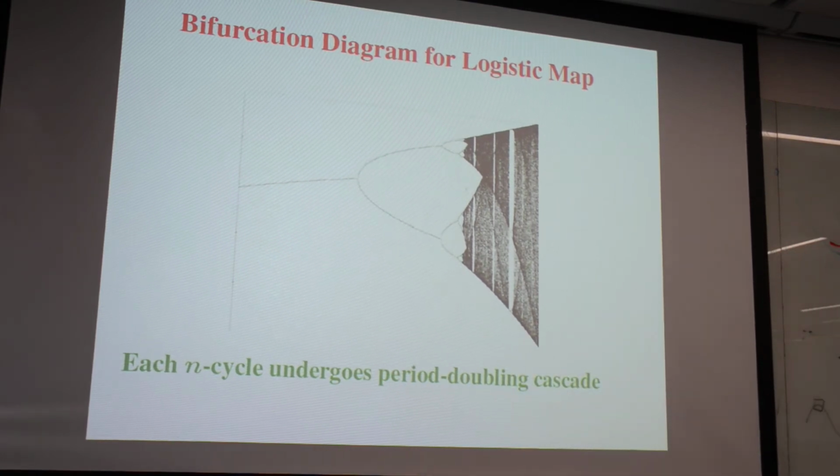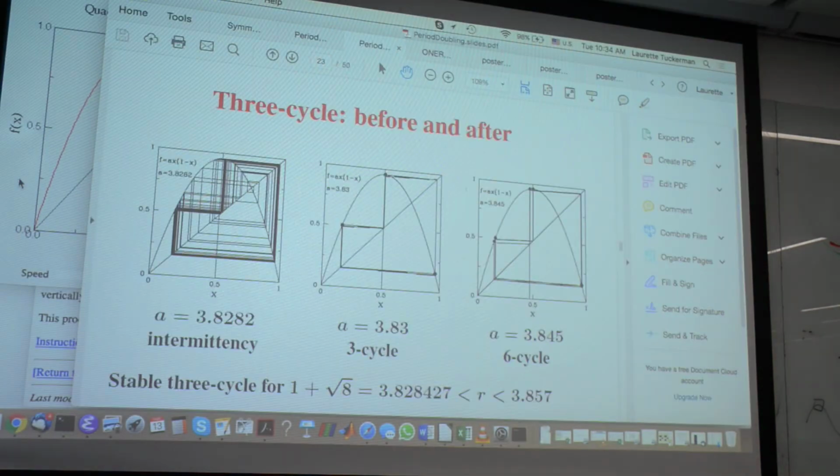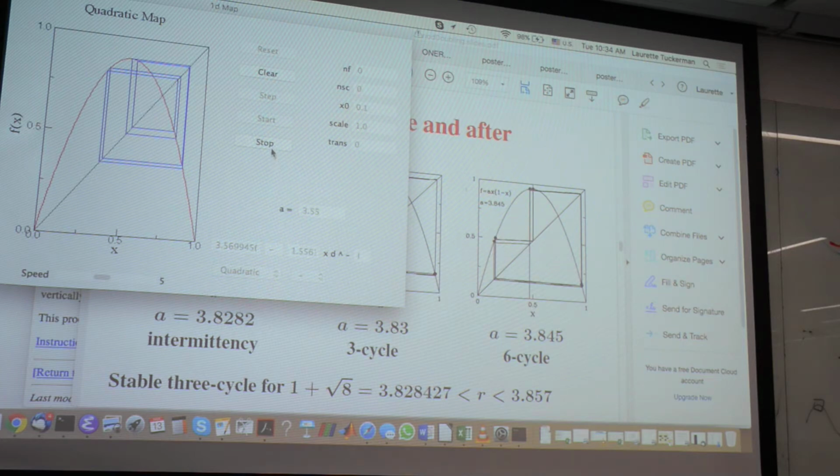Let's see if we can find the 3 cycle. Okay, so apparently 3.83. We find a 3 cycle. Let's see if we can do that. 3.83.